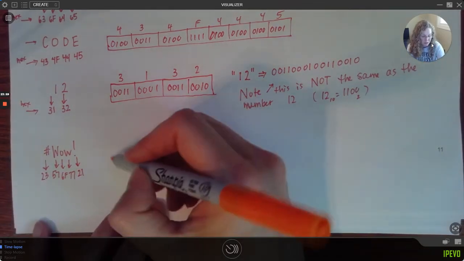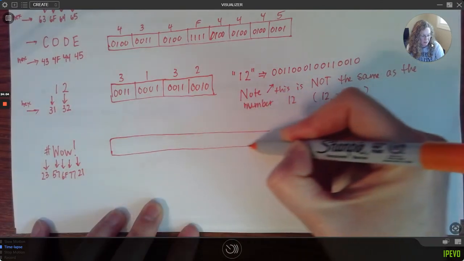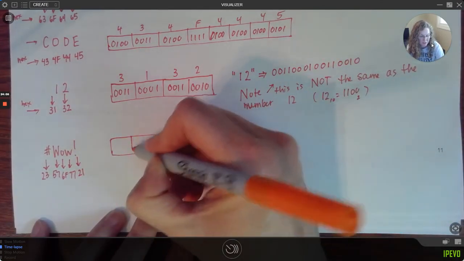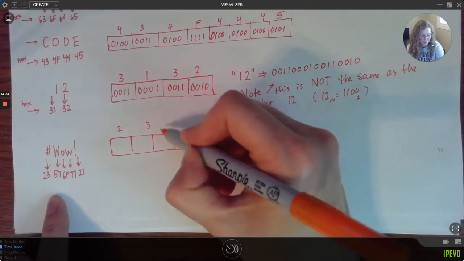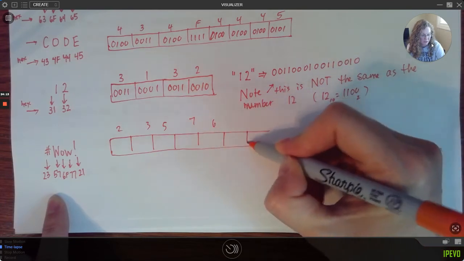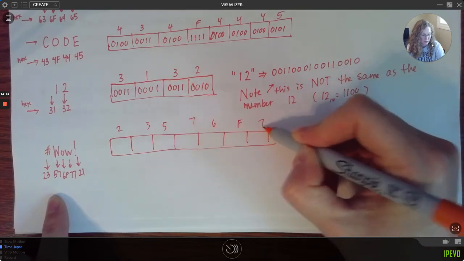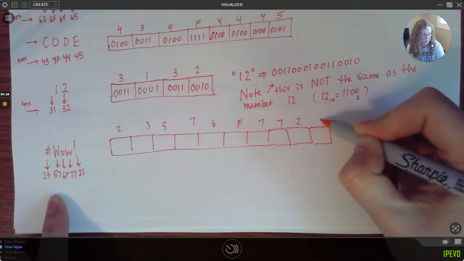And so, to represent this, we need the 2 and the 3, the 5, 7, 6, F, 7, 7, a 2, and a 1.